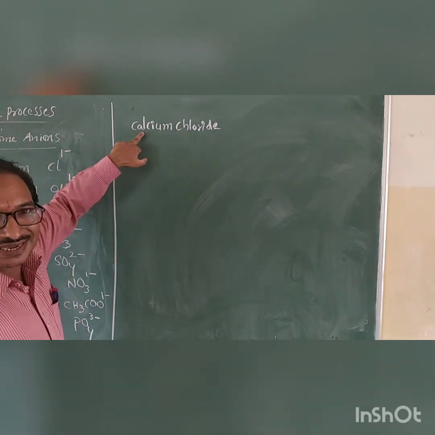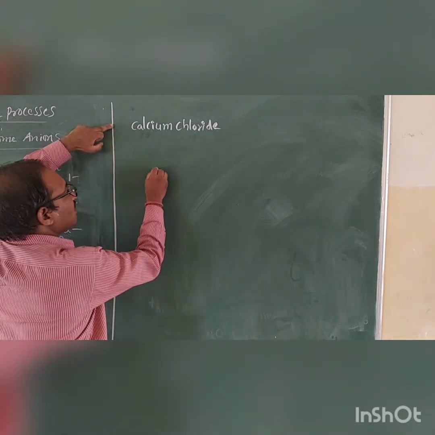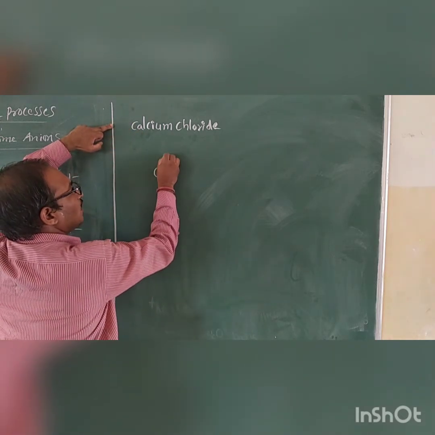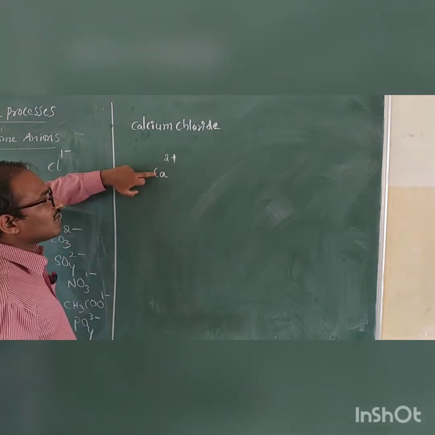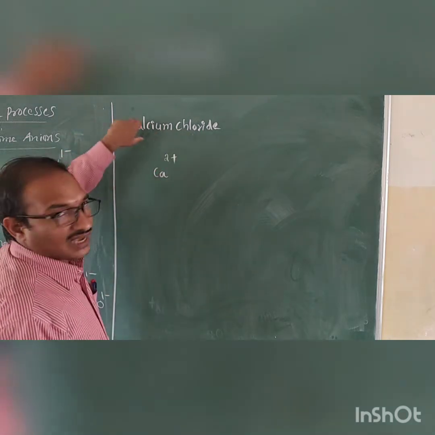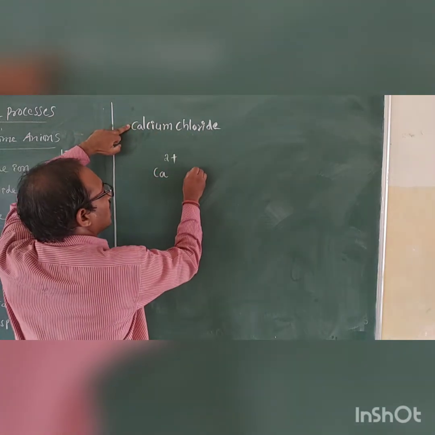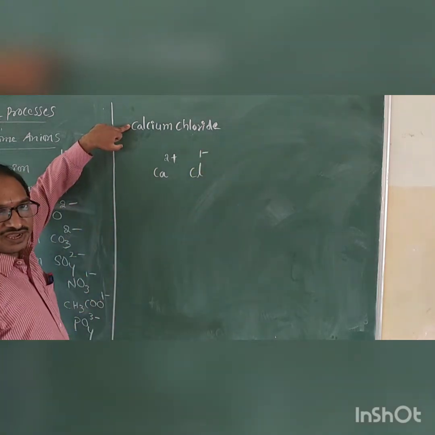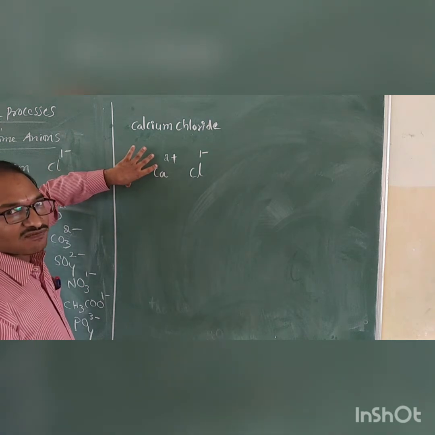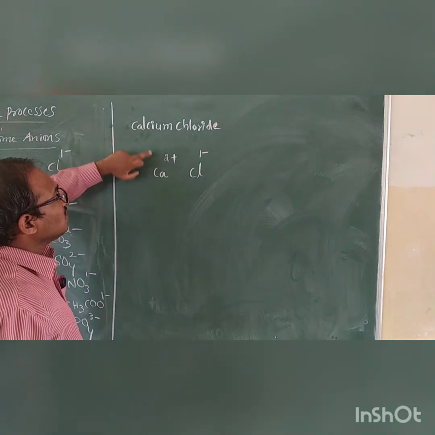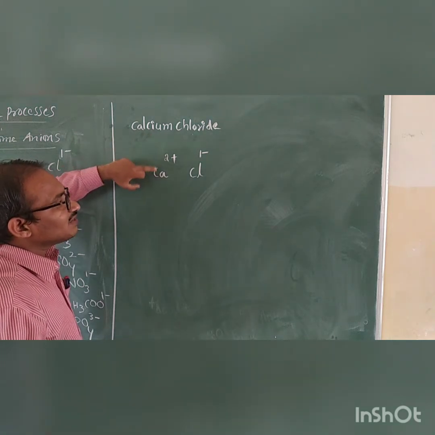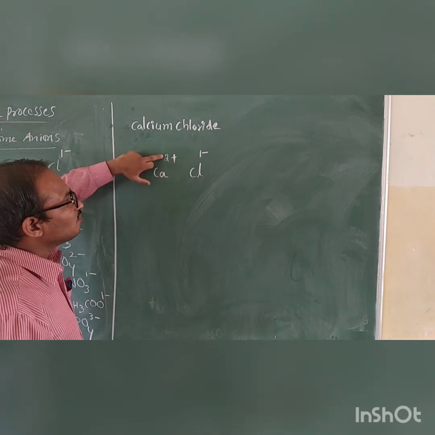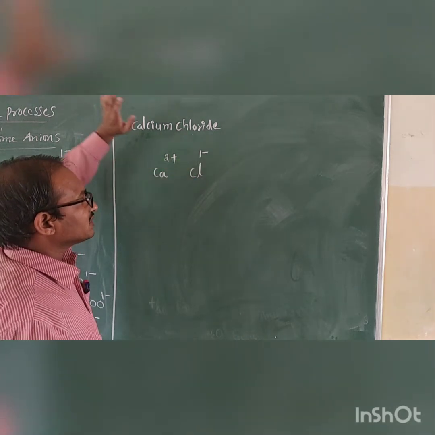Calcium is a cation, so the calcium ion symbol I am writing is Ca2+. And next, the chloride ion symbol, Cl1-. Whenever you want to write the chemical formula of a compound, you have to write those ion symbols first: calcium ion 2 plus, chloride ion 1 minus.